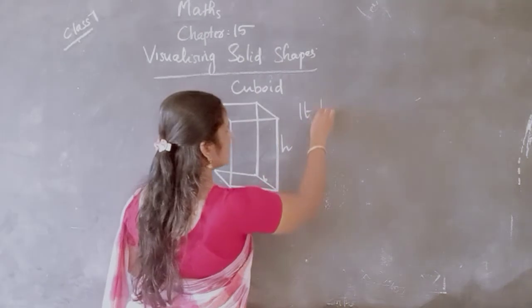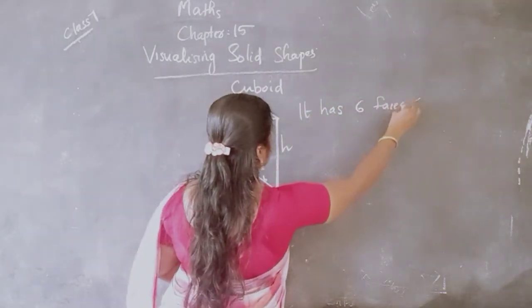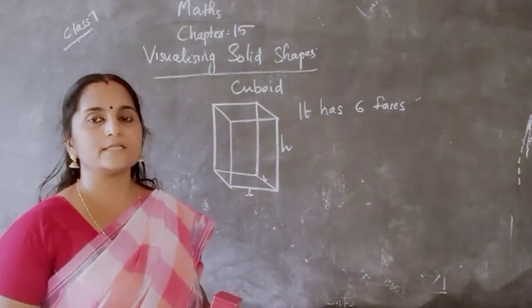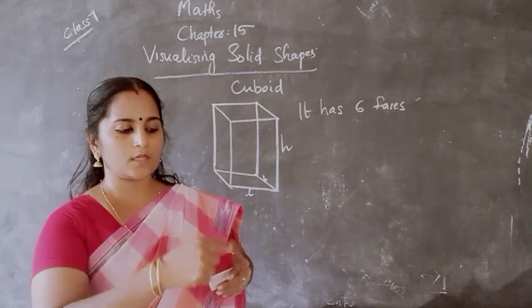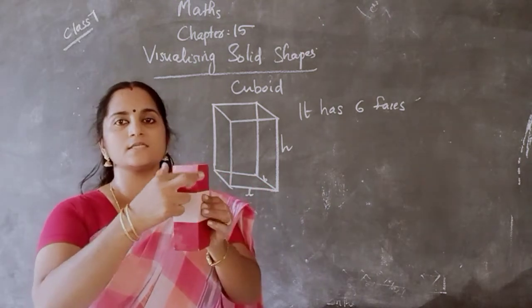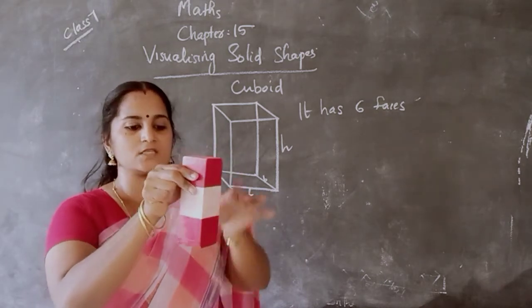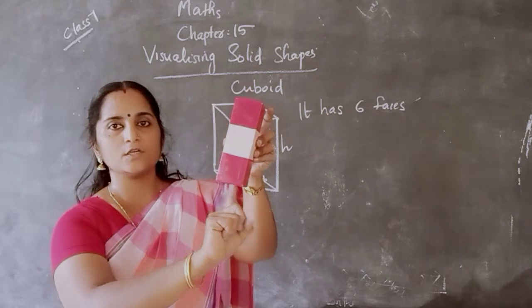It has how many faces? 6 faces. Then can you say how many edges are there? 1, 2, 3, 4, 5, 6, 7, 8, 9, 10, 11, 12.